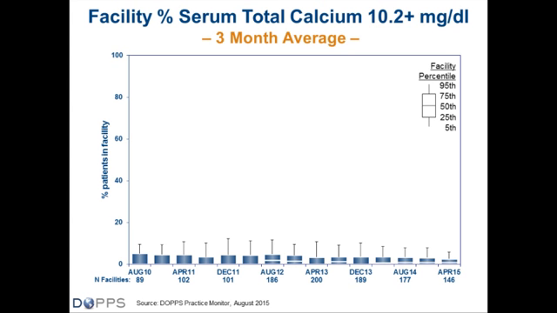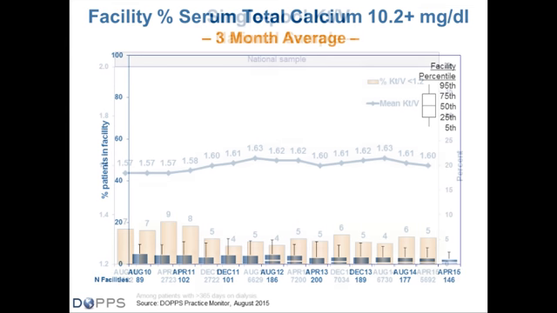On the left side of the graph, in August 2010, with 89 facilities, the mean proportion of patients in the facility declined from 2.9% down to 1.6% in April 2015, and the 95th percentile declined from 12.7% down to 5.8%, and that's the top of the error bars on the graph here.